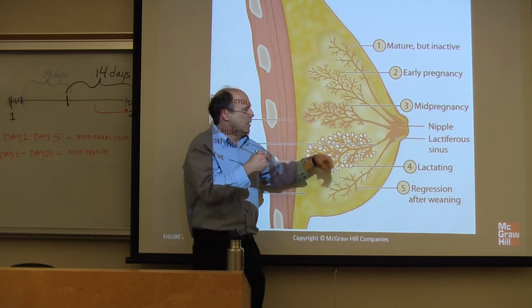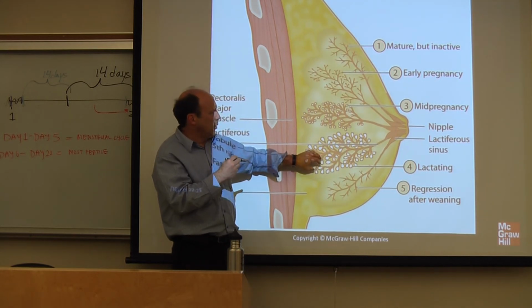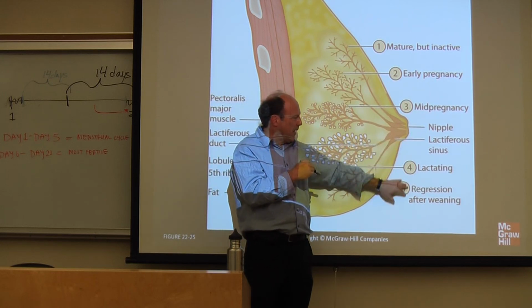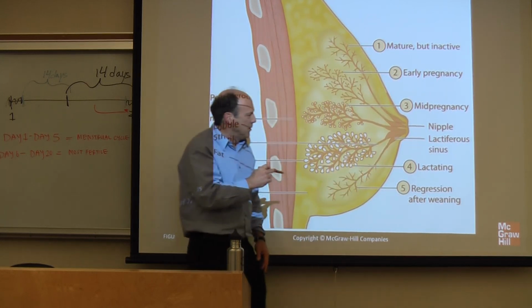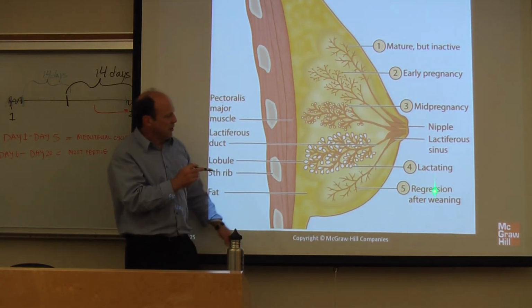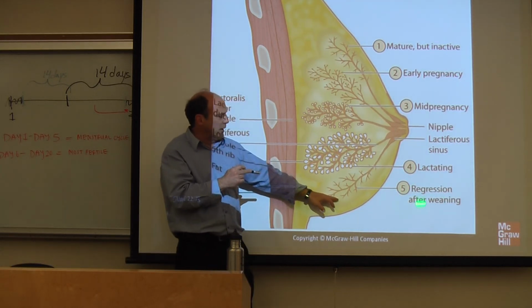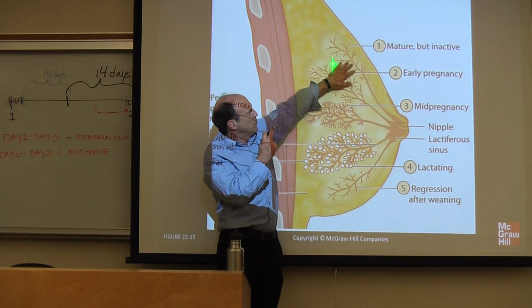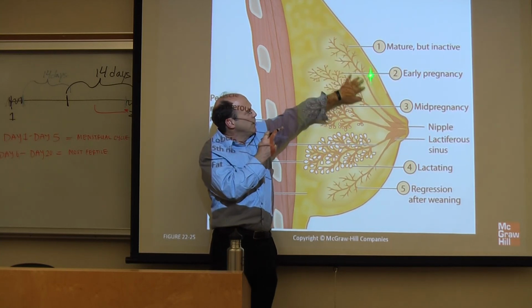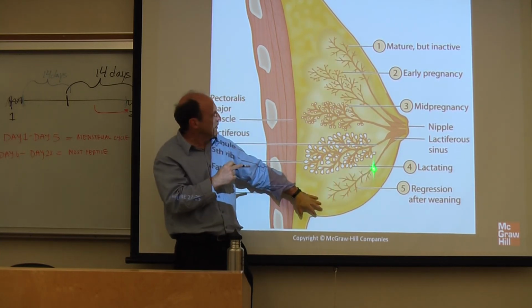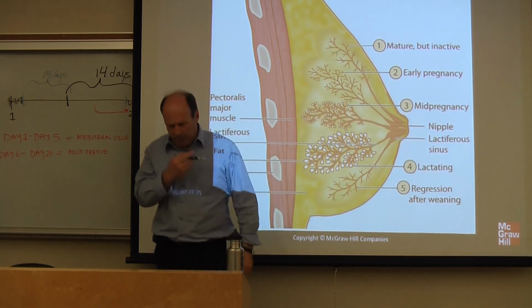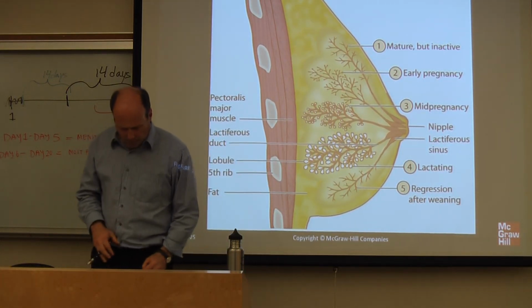There'll be a period of several months when a female is lactating and able to give milk. And then once that need goes away, this whole network can regress and simplify down to where it was before, when it was mature but inactive. So the network is simplified, and you don't have the fluid in those ducts.